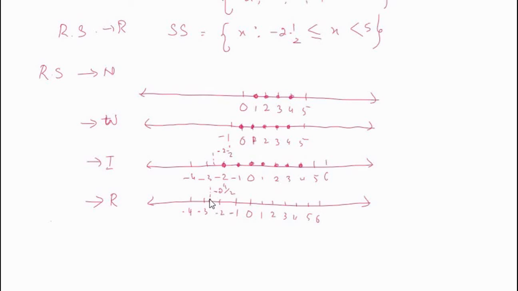So you need to have a thick circle here. In fact, when the replacement set is a real number and you have the inequality sign as less than or equal to or greater than or equal to, at that time you need to have a thick circle. Now let us see the other extreme value, where it says x is less than 5.